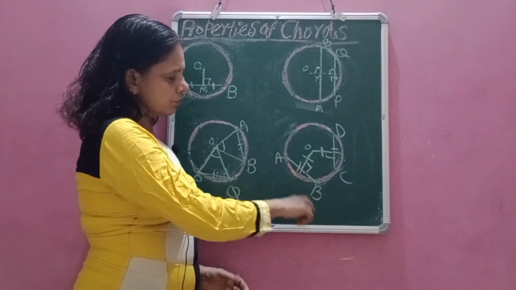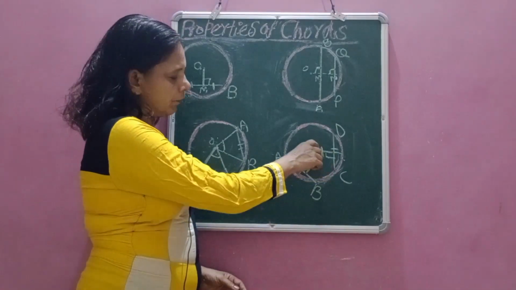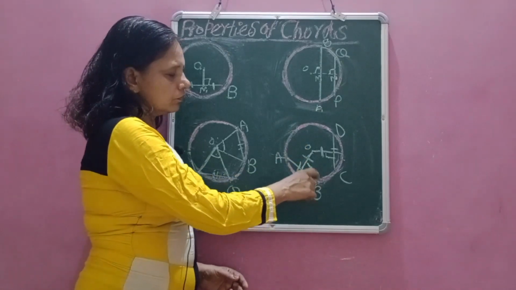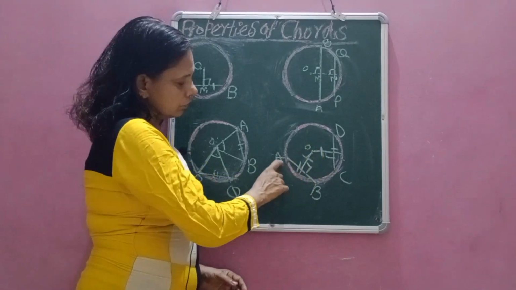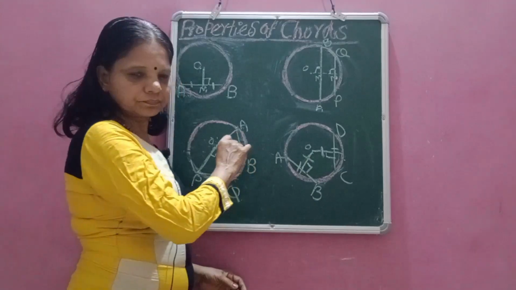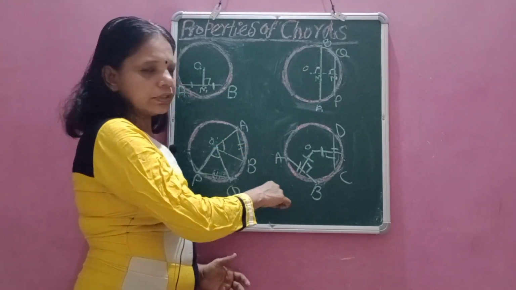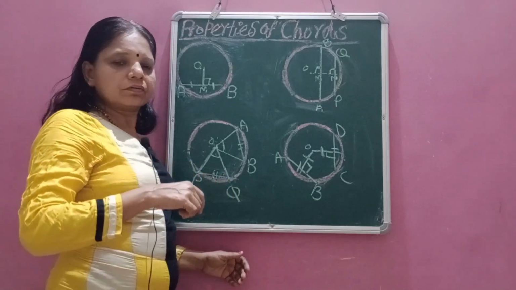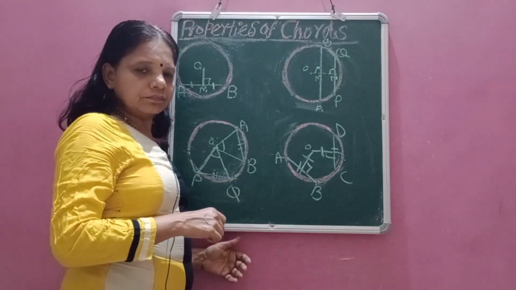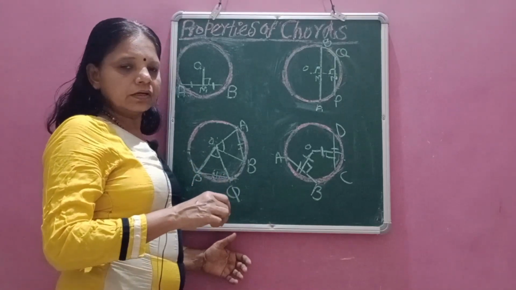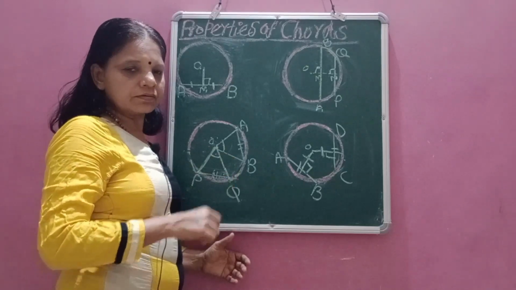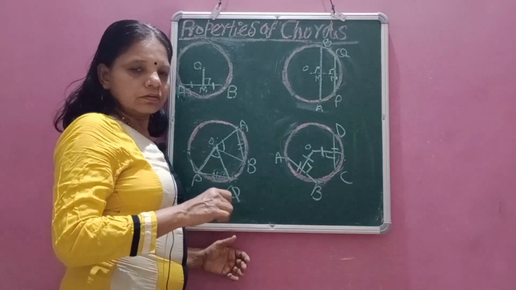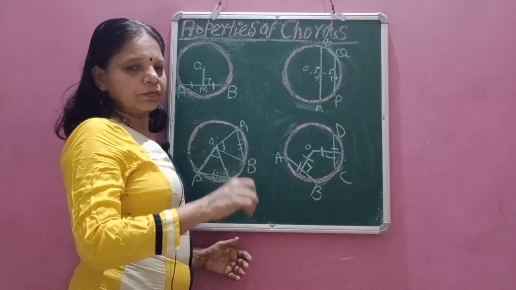Another one. Here also you can see two chords, and perpendiculars are drawn from the center to the chords AB and DC. We know that the distance of a point from a line is the perpendicular distance, the length of the perpendicular segment drawn to the line from that point.